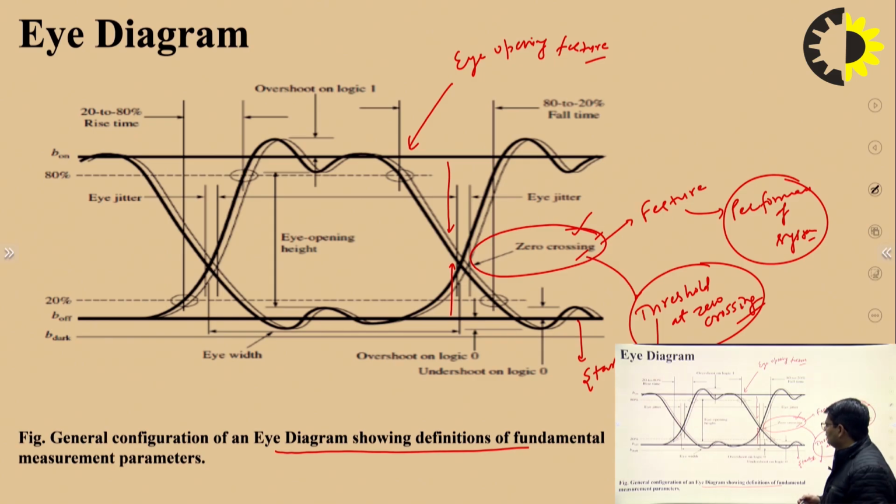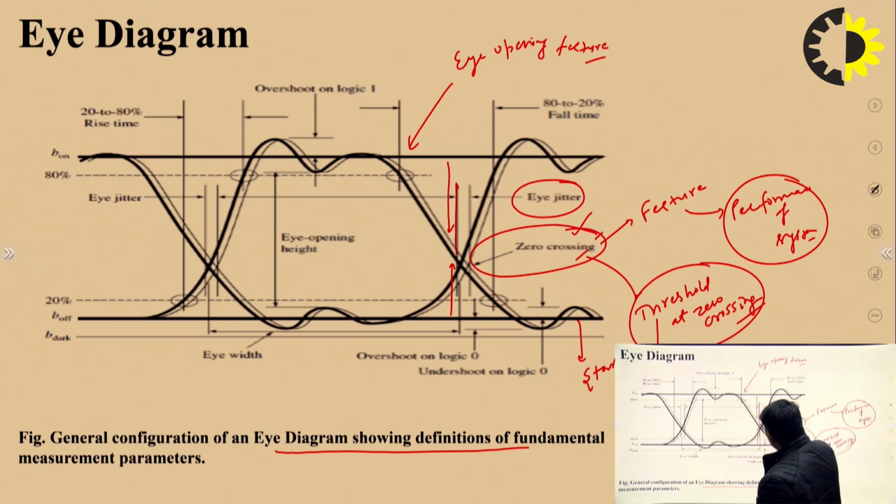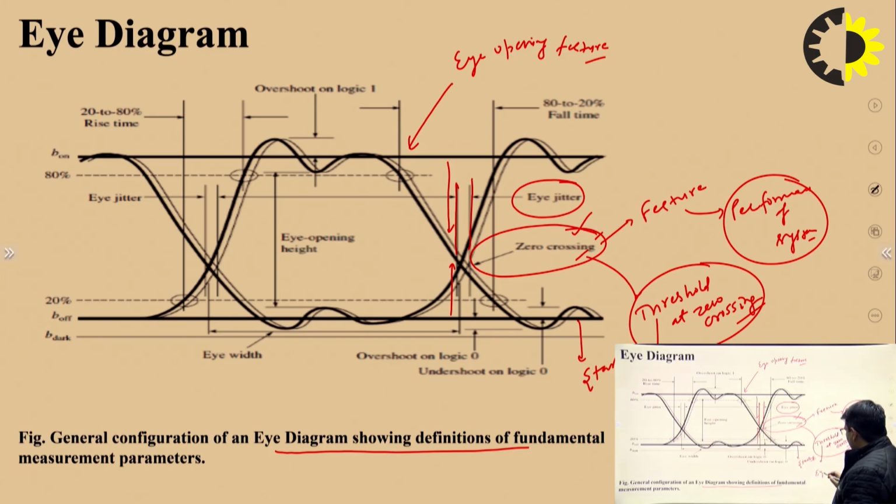Another feature that is used here is eye jitter, this time gap. We have studied that this eye diagram is a graphical technique. This graph is taken in the time domain. We know that there are two domains, time domain and frequency domain. This eye pattern feature is generally in the time domain, so here we have the time.